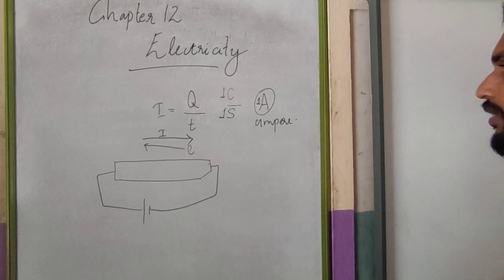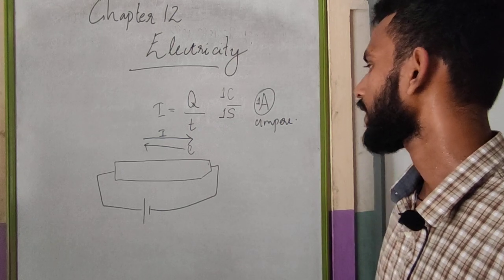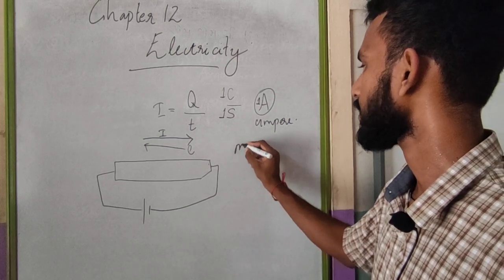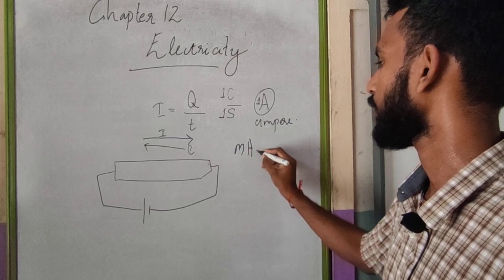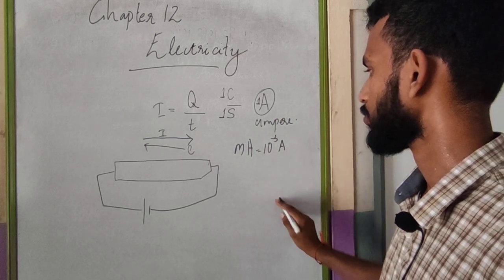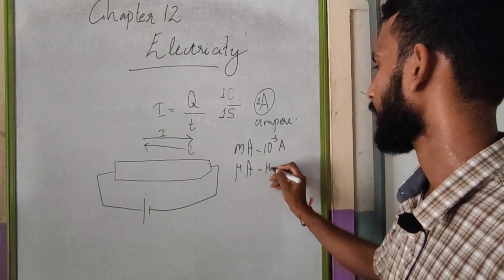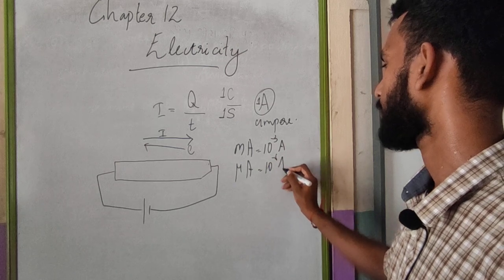And some other units of the ampere: milliampere, which will be equal to 10 to the power minus 3 amperes, and as well microamperes, which will be equal to 10 to the power minus 6 amperes.